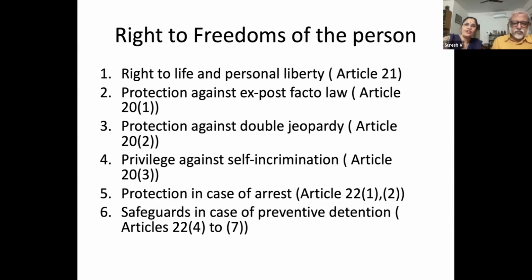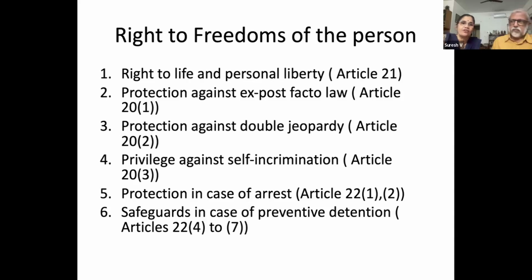The contradiction between Article 21, which guarantees right to life and personal liberty, and Article 22, which gives the Constitution itself the authority to make a law to hold a person in detention, that is, to arrest a person, not because you have committed a crime, not because a court of law has found you guilty of an offense after all the evidence has been produced before the court, after a full-fledged trial, but as a preventive measure.